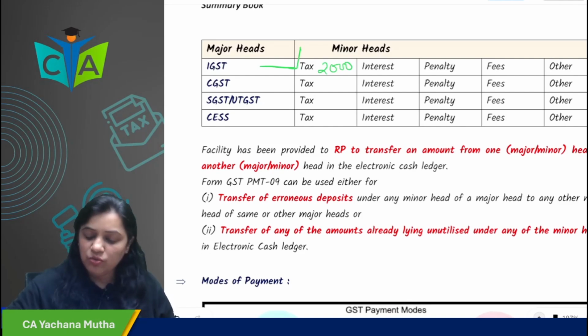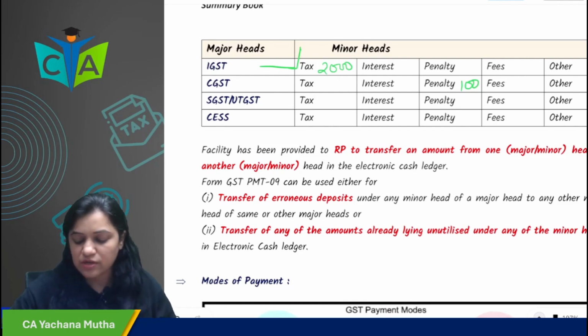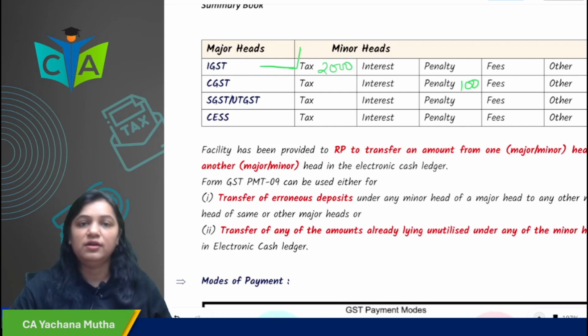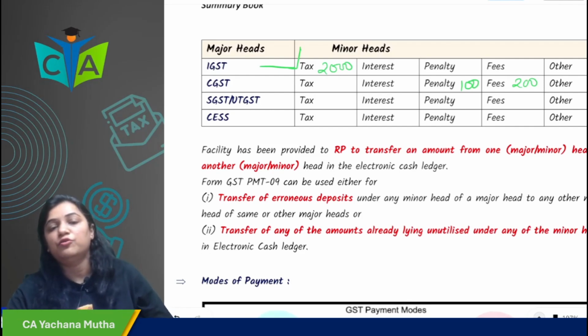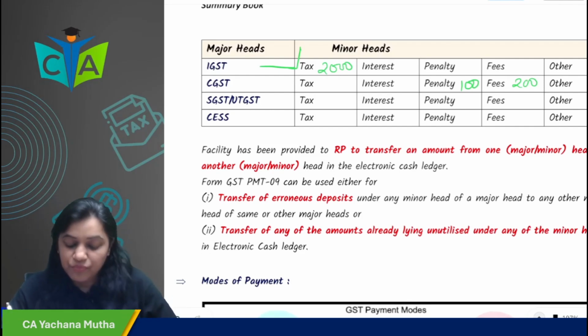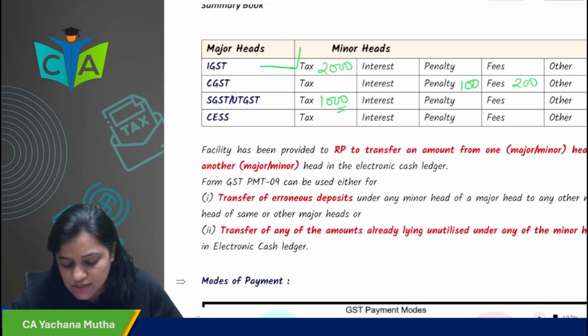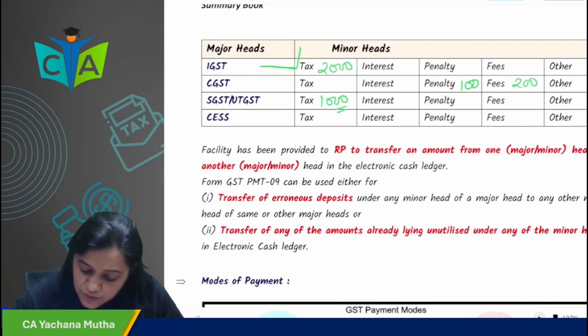For example, if there is a penalty of 100 rupees under CGST, then you have to deposit 100 rupees under CGST penalty, and only then can you use it. If you want to make payment of 200 of fees of CGST, you have to deposit that amount of 200 under CGST fees. But if there is an amount of 1000 rupees kept idle in SGST tax, and you want to transfer it, can you transfer it to the penalty of CGST?